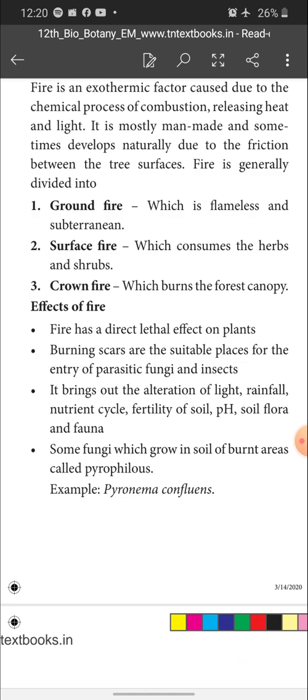In everything it causes what? Alteration. Some fungi which grow in soil of burnt areas are called what? Pyrophilous. The fungi which grow in burnt soil are called what? Pyrophilous. Example, Pyronema confluens.